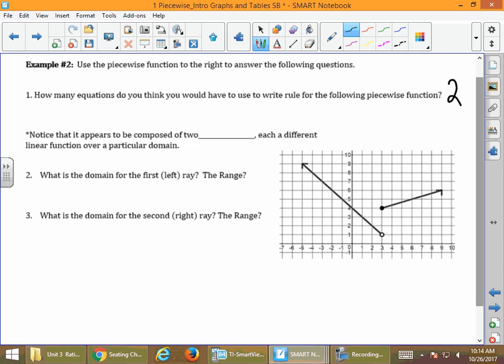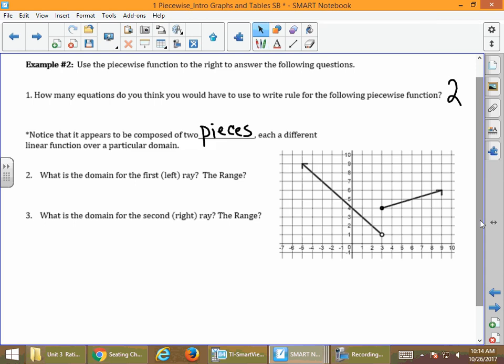Notice that it appears to be composed of 2 pieces or parts, each a different linear function over a particular domain. So now what we want to do is come up with the domain of this left ray, and I need to digress for a minute to remind you of the definition of ray that you used in geometry.